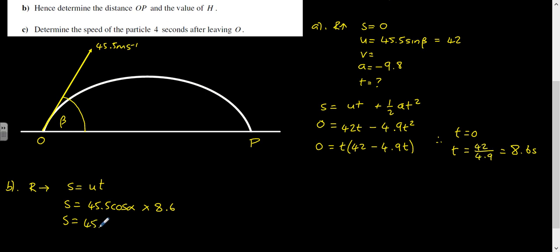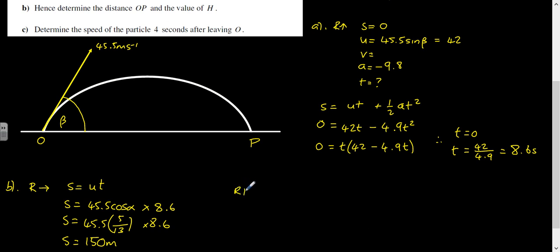So 45.5 cos alpha, remember, was 5 over 13, and then multiplied by 8.6, and then we'll work that out. And we have 150 meters, using the unrounded version for this 8.6. So then we've got to find the value of h.